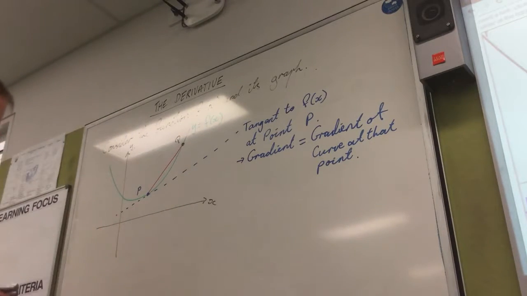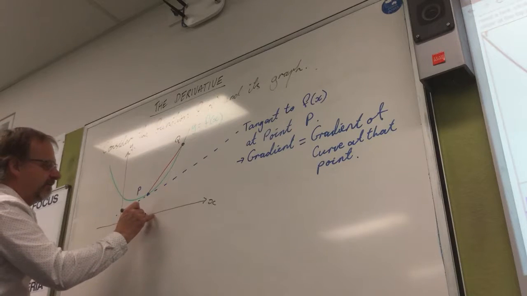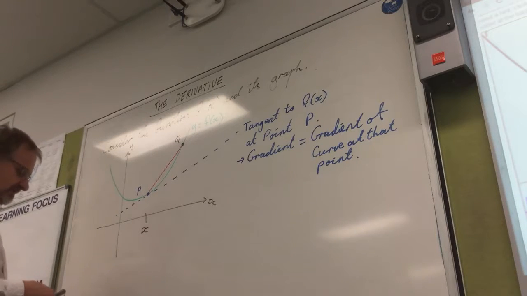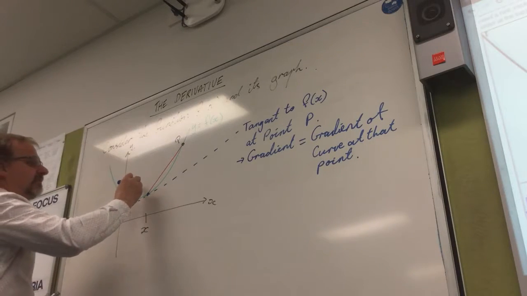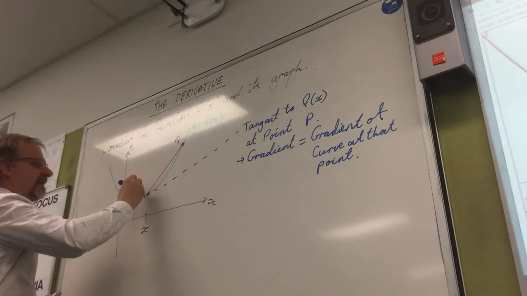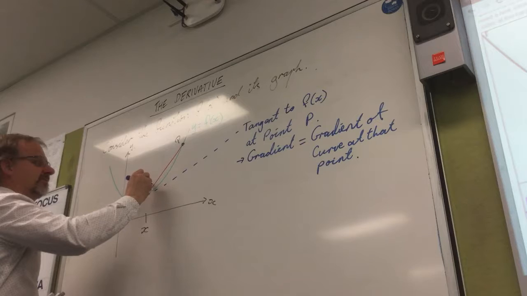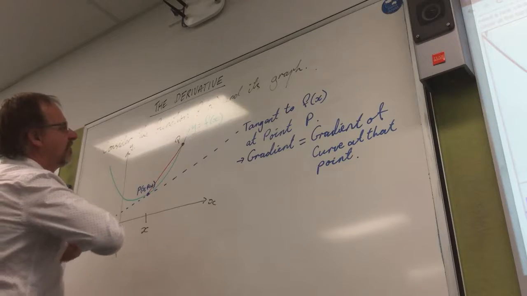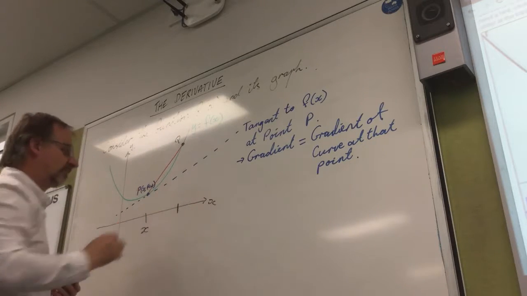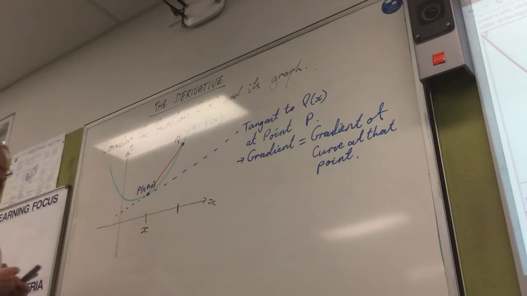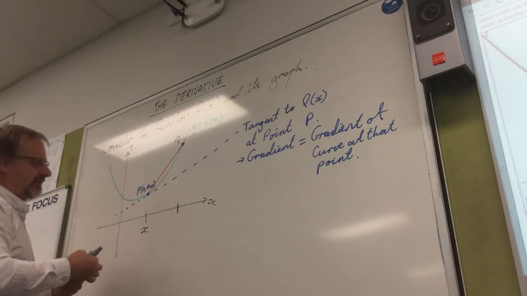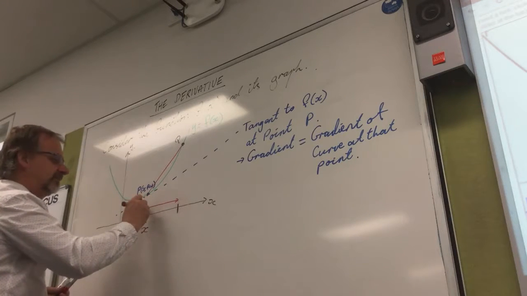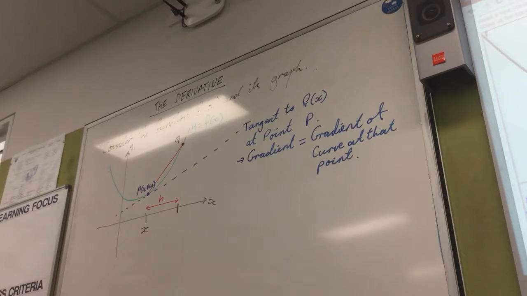So, what do we know? If point P here has an x coordinate x, its coordinates would be x and f of x. And then we go a bit further over to here for point Q. And this is what we do, we say, all right, that bit that we're adding on here, we're going to call that h.